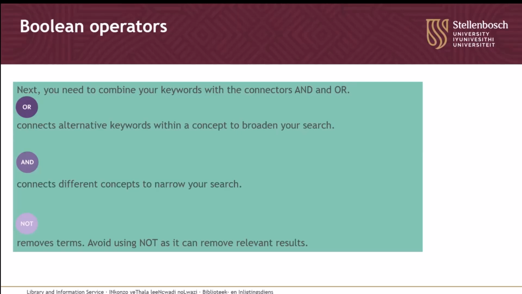But I always say, you can look at it this way: if you use an OR, you are expanding your search, and I'm going to come back to that one as well. And if you use an AND, you narrow your search down. You'll later see that also in the examples that I'm going to use. And the NOT removes anything.